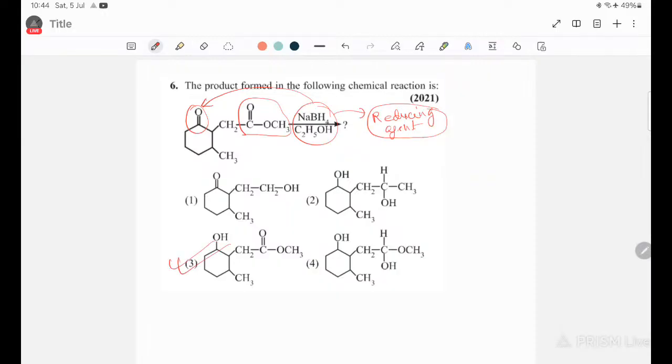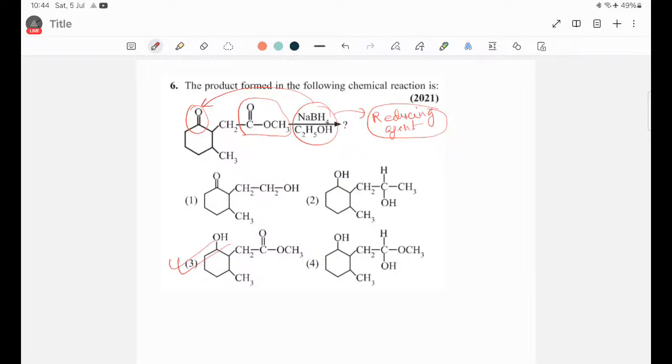See, if you know this mechanistic or conceptual part, within 5 seconds you can answer these questions. Whenever you see this reagent, NaBH4 in presence of ethanol, you should think that it is a reducing agent which acts selectively. Selectively means only the carbon double bonded oxygen of an aldehyde or ketone, and the carboxyl derivative acetyl chloride, will be reduced.